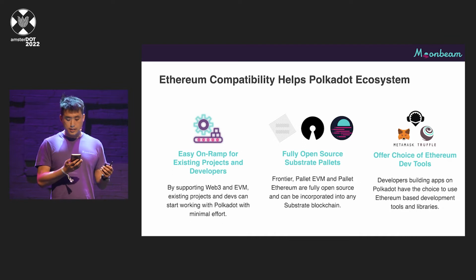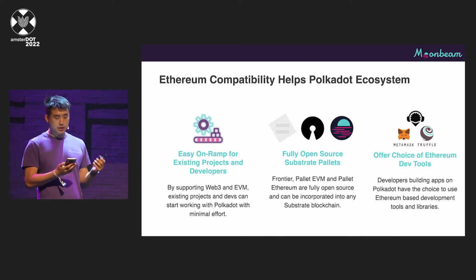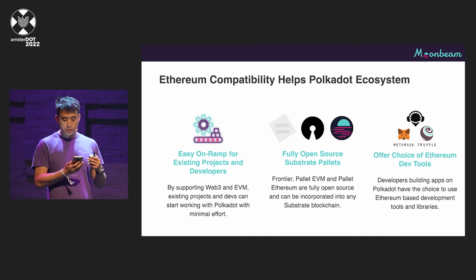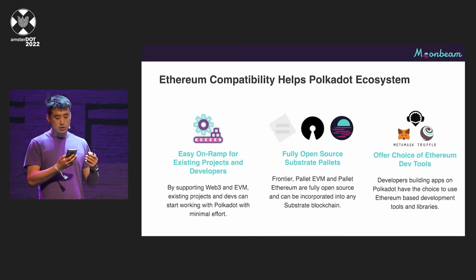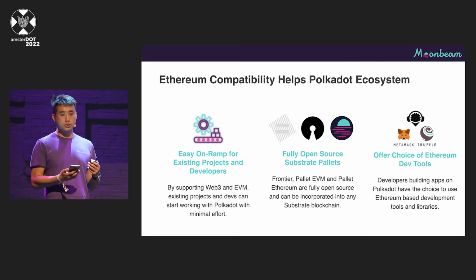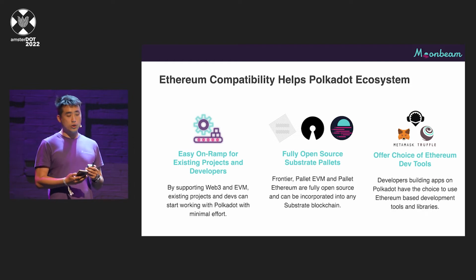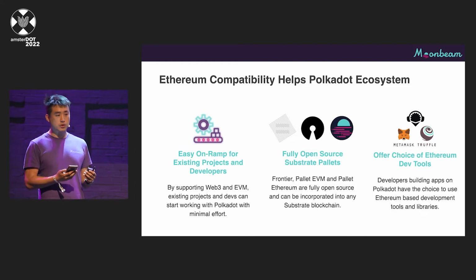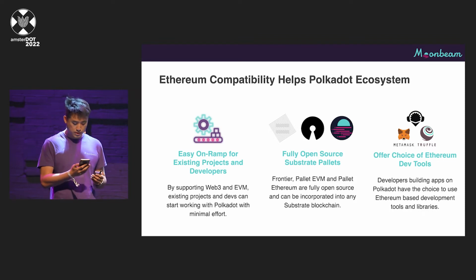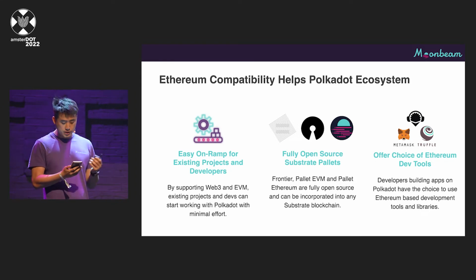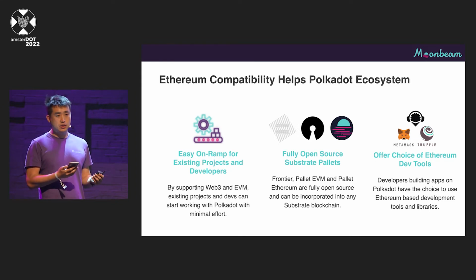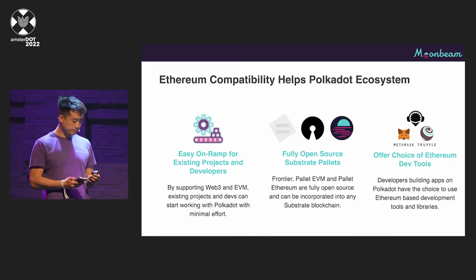And the third thing is that by having EVM compatibility, we also offer devs a wider choice of tools, because now they can also use Ethereum tools to create their dApps on Polkadot. So, as I mentioned before, we believe this is very key for gaining adoption.